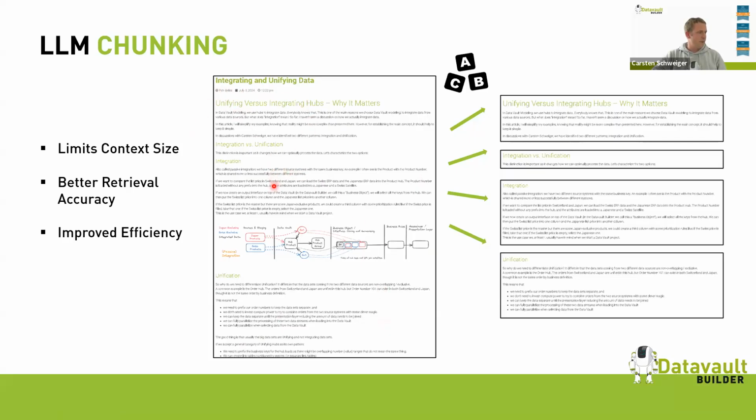And there are different ways to look at it. There's the integration part and the unification part, for example. And having this big document in smaller chunks helps to retrieve the right information and to give more accurate answers. So this is a really important part.